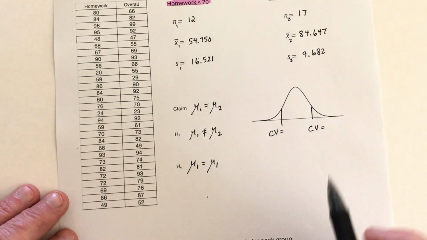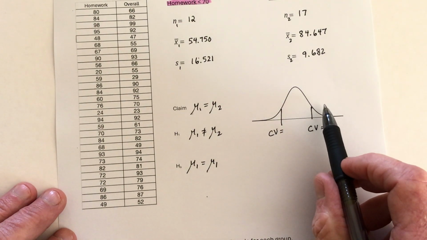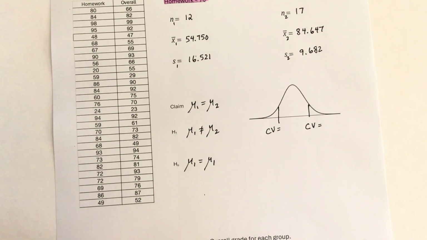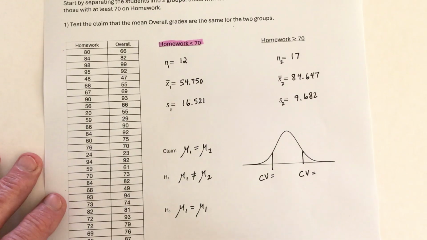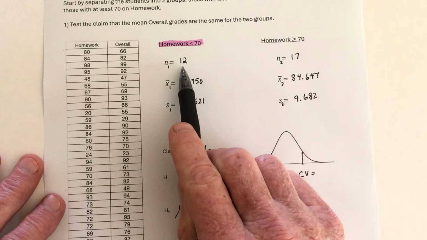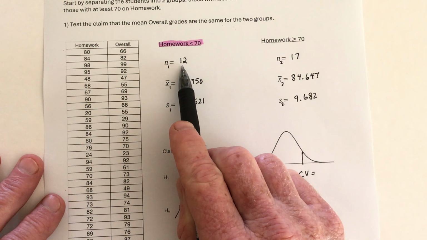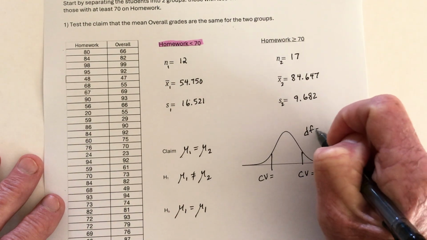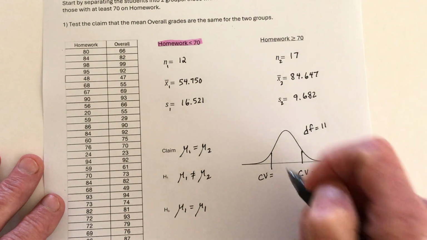Now I just need the critical value. And when you're testing claims about a mean, that's going to be a t. So on the calculator, before I do that, I need degrees of freedom. And when you have 2 groups, you look at the 2 ns. Whichever one's smaller, that's what gives you degrees of freedom. So it's going to be 12 minus 1, which is 11.